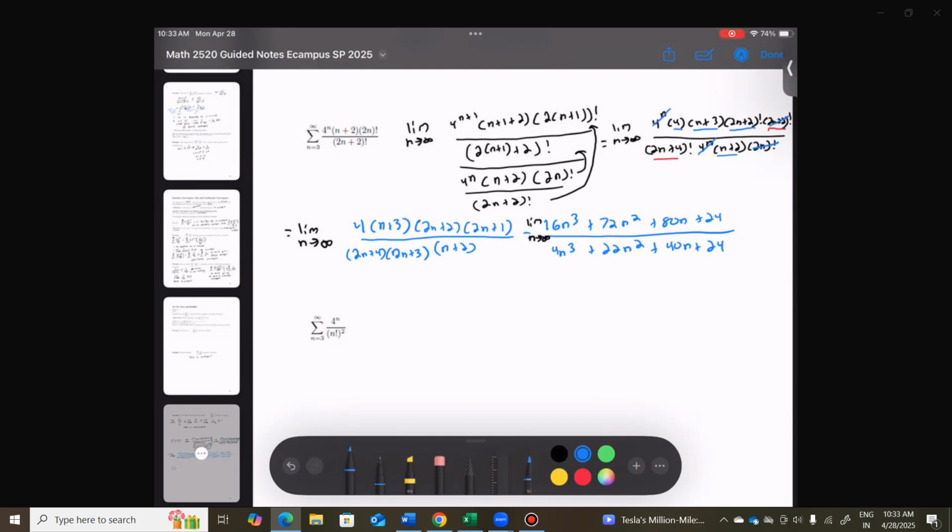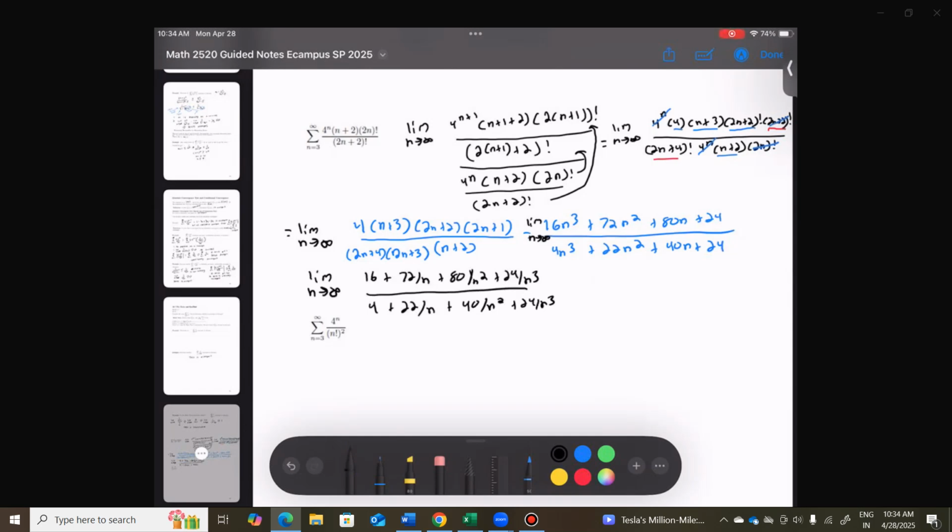So we'll end up with the limit as n goes to infinity, 16 plus 72 over n plus 80 over n squared plus 24 over n cubed over 4 plus 22 over n plus 40 over n squared plus 24 over n cubed.